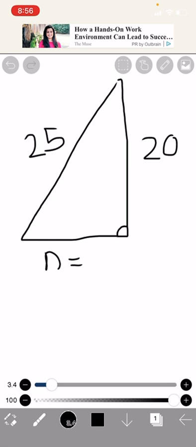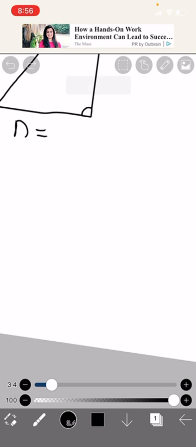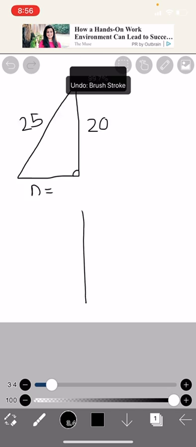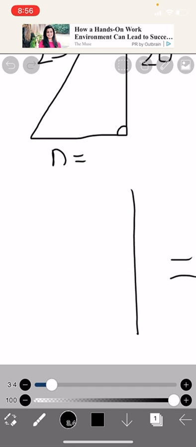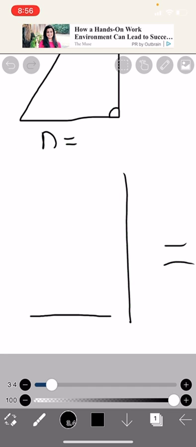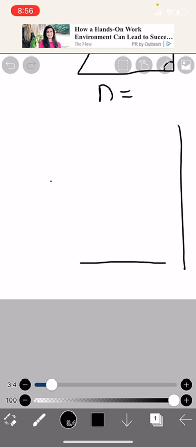So to be to scale, if this is equal to 20, this flipped over would be about that.